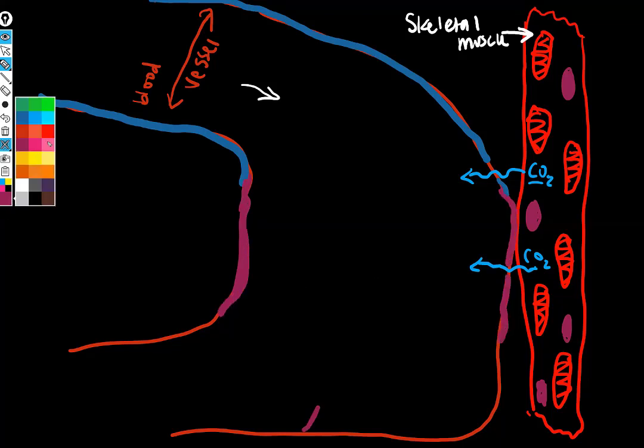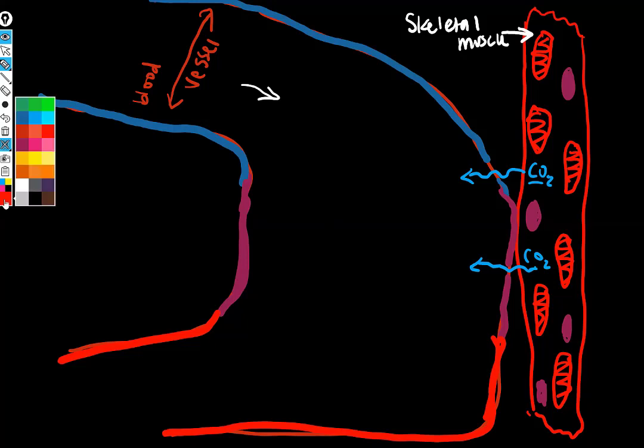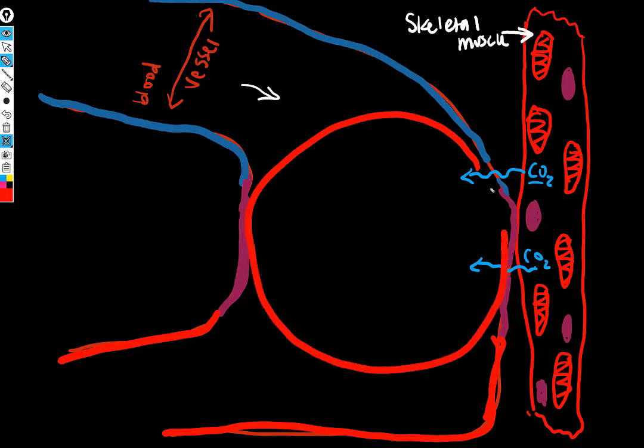And then once we've picked up oxygen, it gets to be red. Oh no, I just wanted to erase that one little thing. Okay, so now that we've done that, I'm going to draw a very large erythrocyte because I need to leave myself enough space to draw all this stuff.